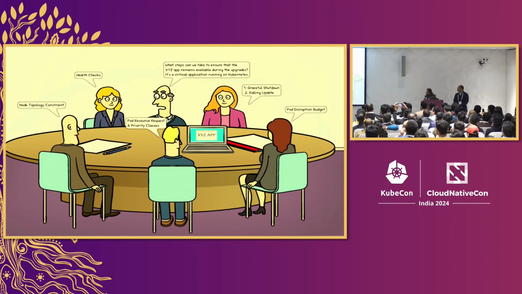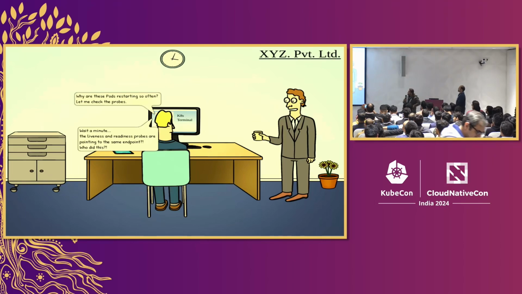So in the last slide, we have seen that the war room is going on and the manager is asking, my application is down, and engineers are giving some sort of solutions, like we could do this, we could do this. Then the engineers decided to identify what could be the possible issues with the application. They started looking into the logs, and one engineer found that the application pods keep restarting continuously.